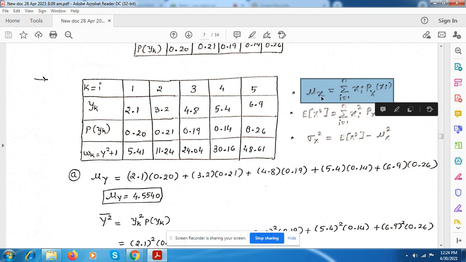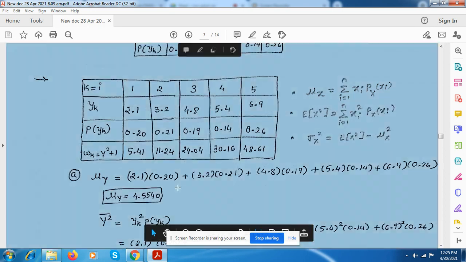Here they have given the y random variable, so we will write it as mu y is equal to summation i is equal to 1 to n yk and then p of yk. Here we have to multiply the yk value with its probability, and then we have to add these values. For each term we have to multiply and sum the values to get the mean of y.